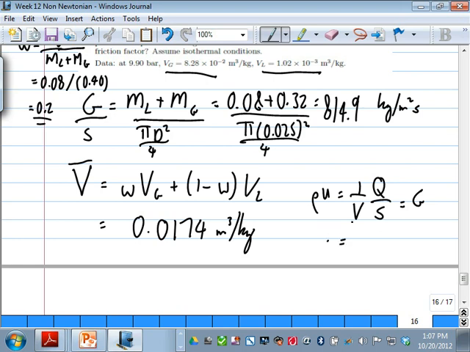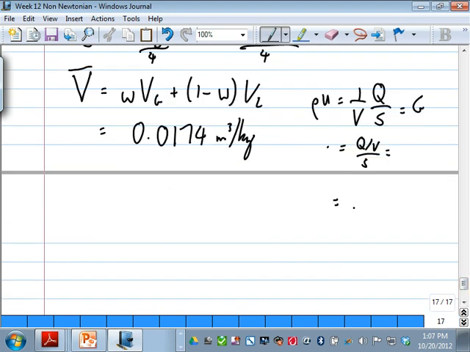Q over V over S is equal to M over S, equal to G. Q divided by specific volume is equal to rho Q. V is specific volume. Is equal to rho Q over S, is equal to M over S, is equal to G. So it's correct.